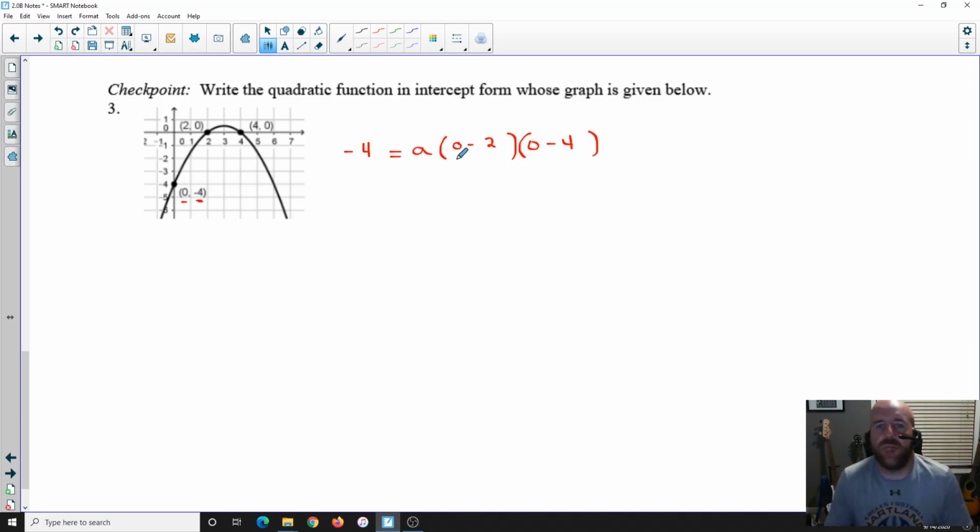Now we have to clean this up. We know 0 minus 2 is -2. 0 minus 4 is -4. So -4 times -2 would give us an 8. So we have 8a equals -4. And then when we divide this, we get a -4/8 or a -1/2.